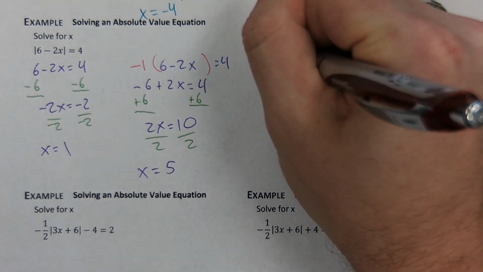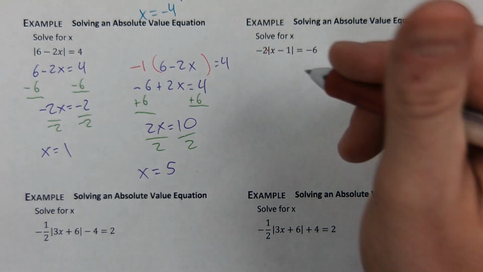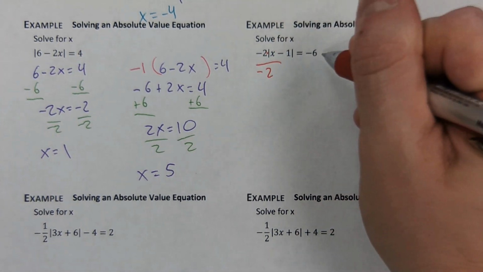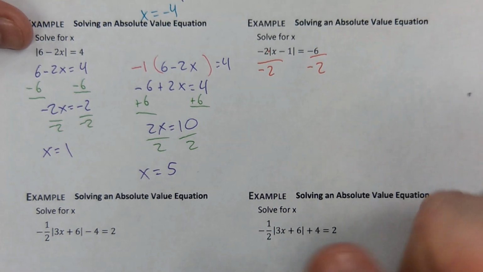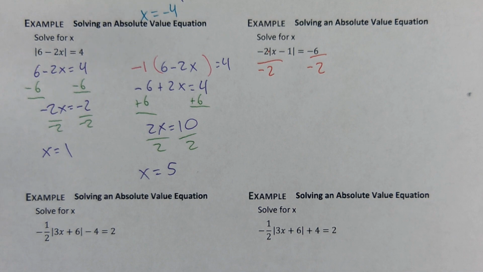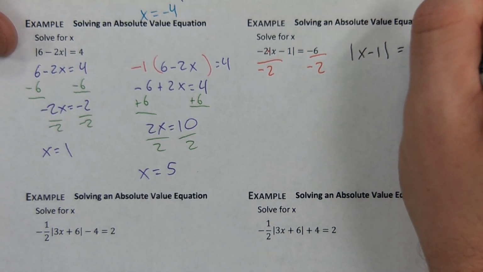First thing you do is isolate your absolute value bars. Get them alone before you attempt to set up the positive and negative cases. So I'm going to divide both sides by negative 2. I just want to have more vertical space, so I'm going to write it off here to the right. It gets me x minus 1 is equal to 3.